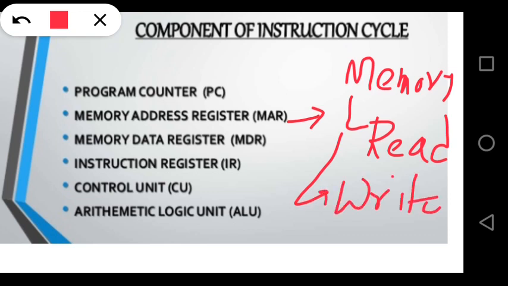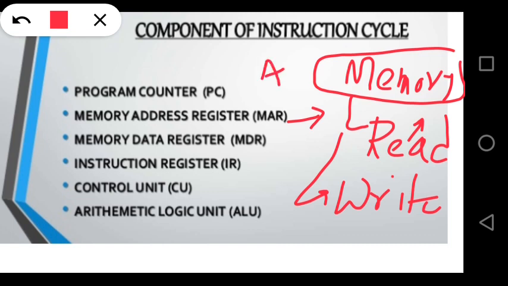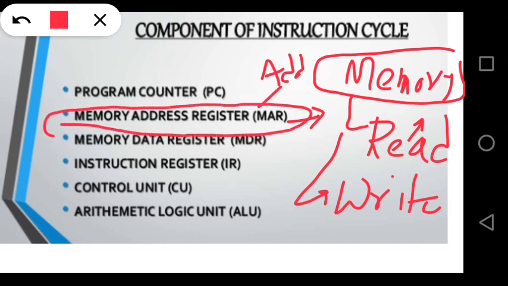For read operation, it is required to go to memory and fetch a particular memory location, and remember that memory location will have an address, so that address has to be present in the memory address register. So if you want a particular memory location to be read from memory, you should place an address in the memory address register.